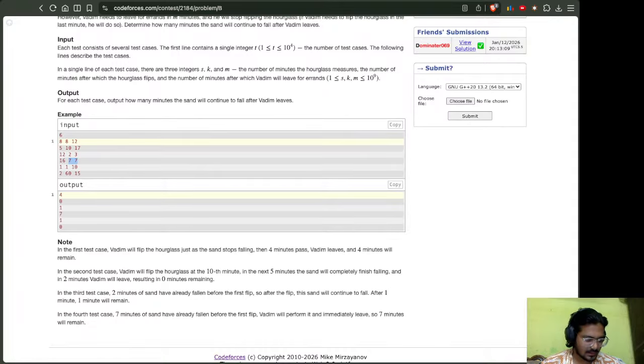Whatever we have, the minimum of 5 and 10, and 10 minus 17 will be negative, and that's done.